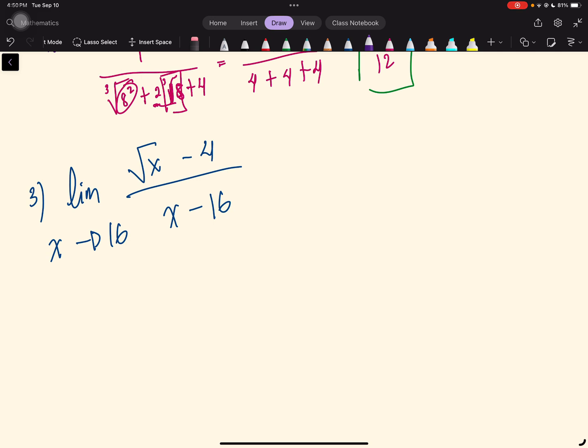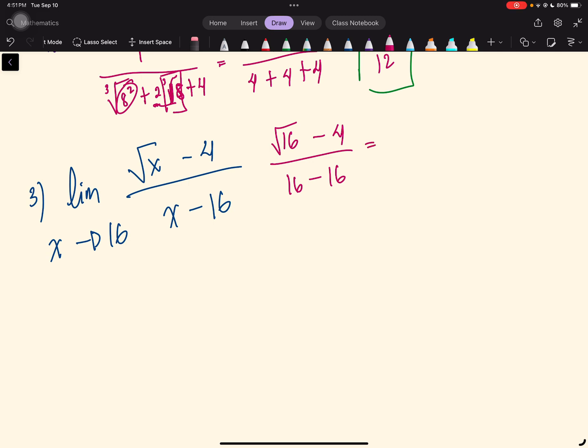Next problem is this: the limit of square root of x minus 4 over x minus 16. Okay, so my first step is always to substitute it. So that's square root of 16 minus 4 over 16 minus 16.